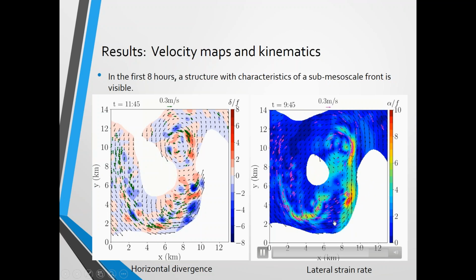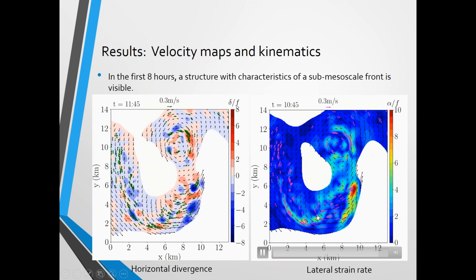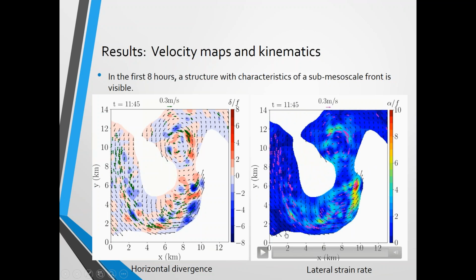This type of observation, these types of maps, you'd see only before in numerical models, and you assume that this could happen. And here we can show them just reconstructing the velocity from these drifters.